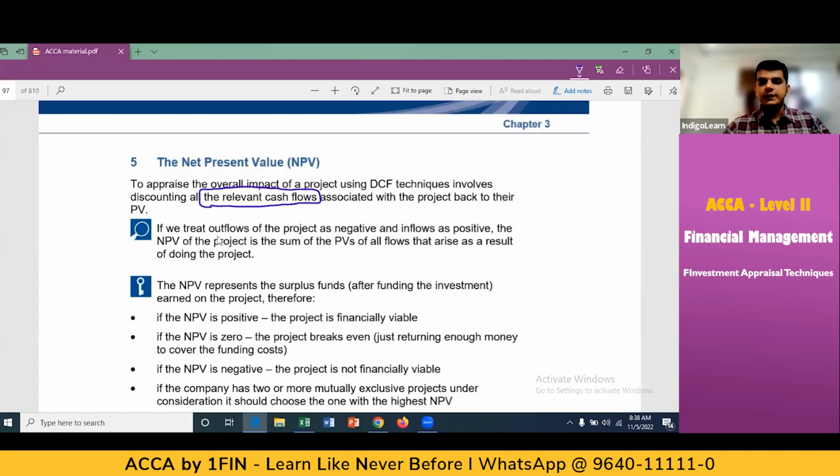So if we treat outflows of the project as negative, obviously cash is going, so it is negative, and inflows as positive, the NPV of the project is the sum of present values of all the flows, that is inflow and outflow, as a result of doing the project.